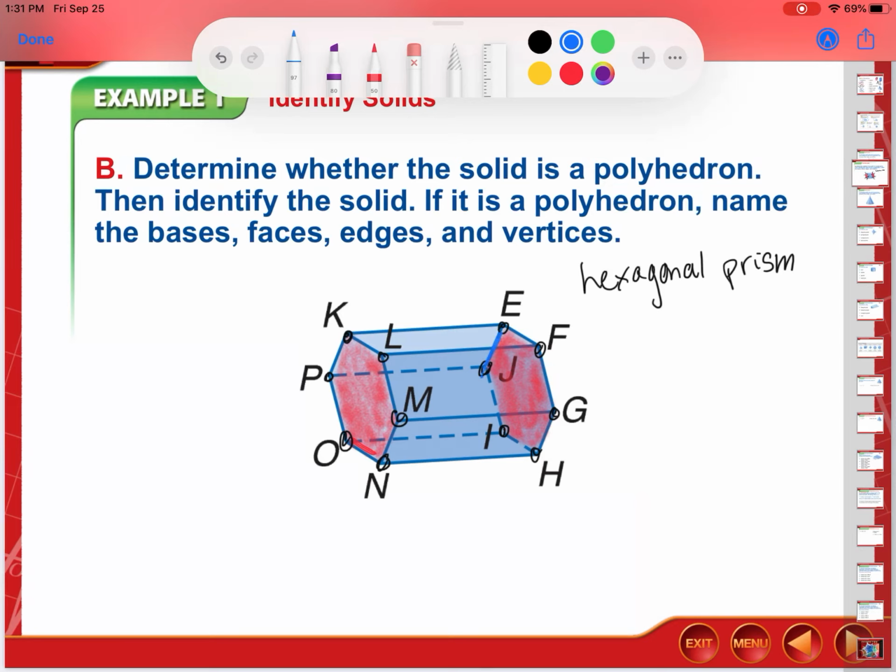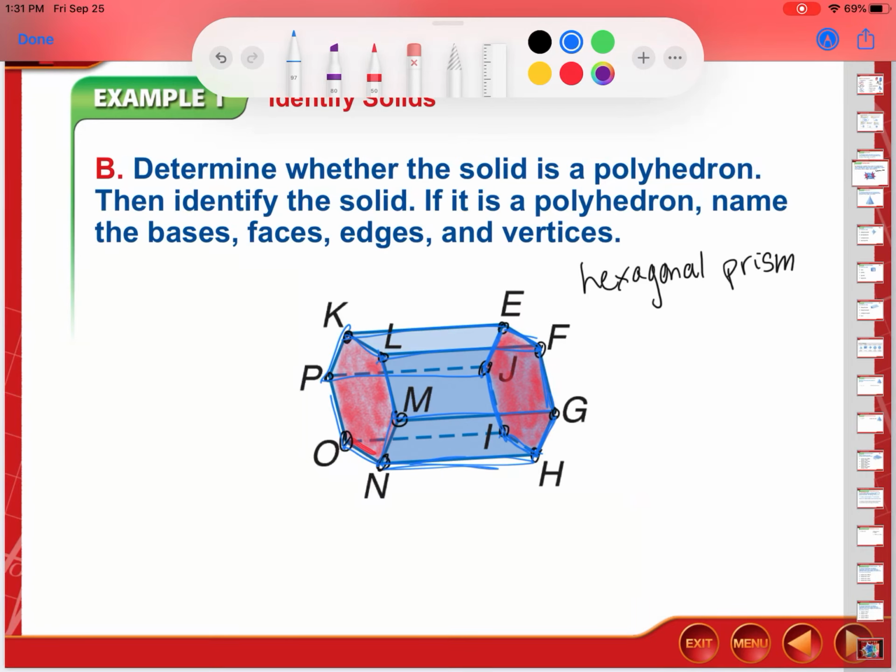So EJ, EF, FG, GH, IH, JI, NH, MG, LF, KE, PJ, OP, ON, OM, LM, KL, PK.